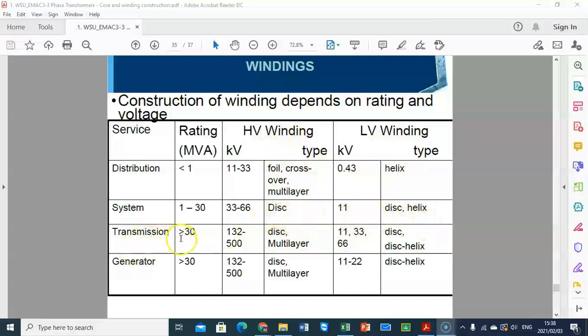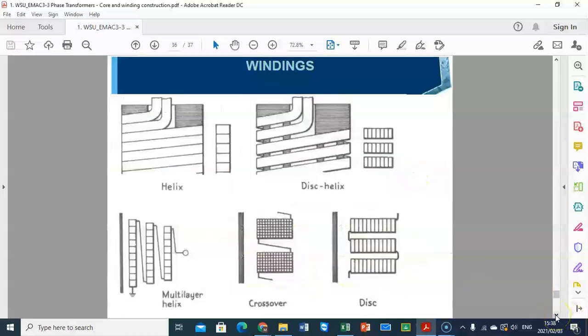And then again you have the transmission transformer and generator transformer, where you can see the rating of those transformers, the voltage of the high voltage side and low voltage side, and the type of winding which is going to be used. So here you can see the different types of windings that we can have, which are helix, disc helix, multi-layer helix, crossover, and disc. And these are the different kinds of windings that we can have.